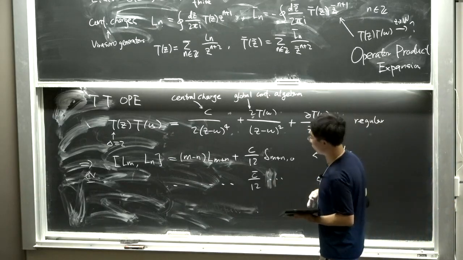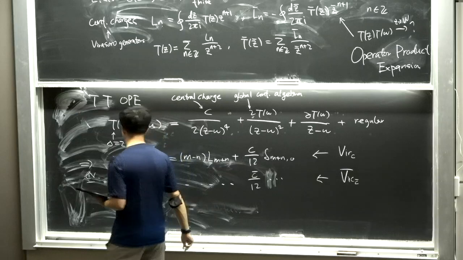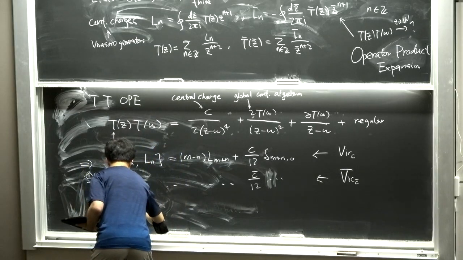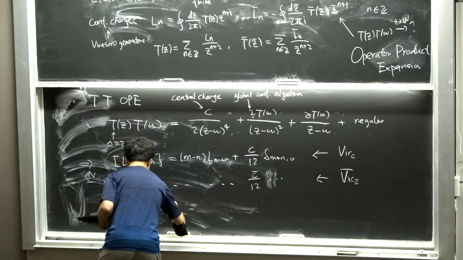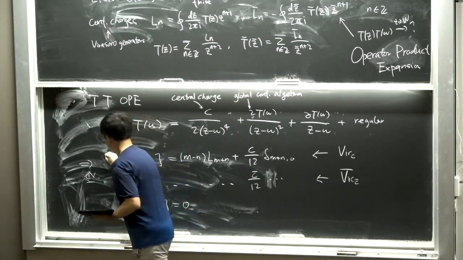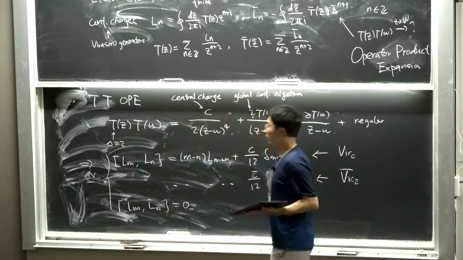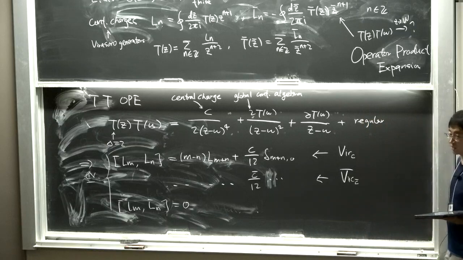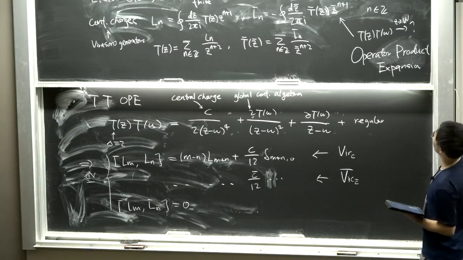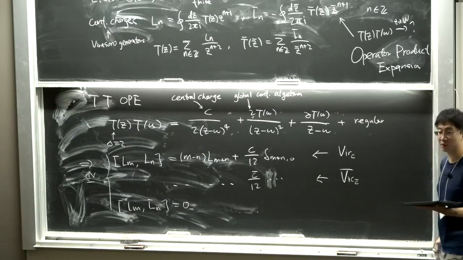You can also argue from similar reasoning that the commutator between L and L bar has to be 0. Together, these commutation relations furnish the enhanced symmetry that I mentioned in the beginning, which is special to two-dimensional conformal field theories.